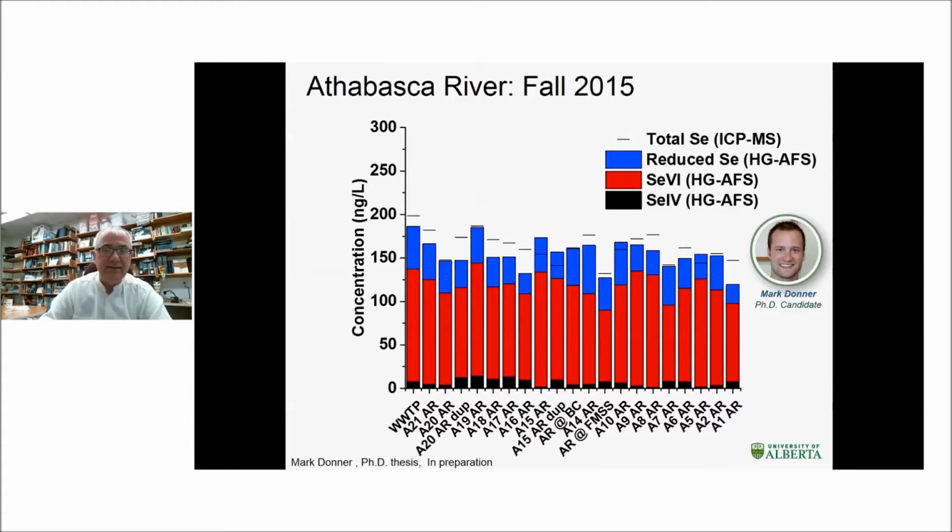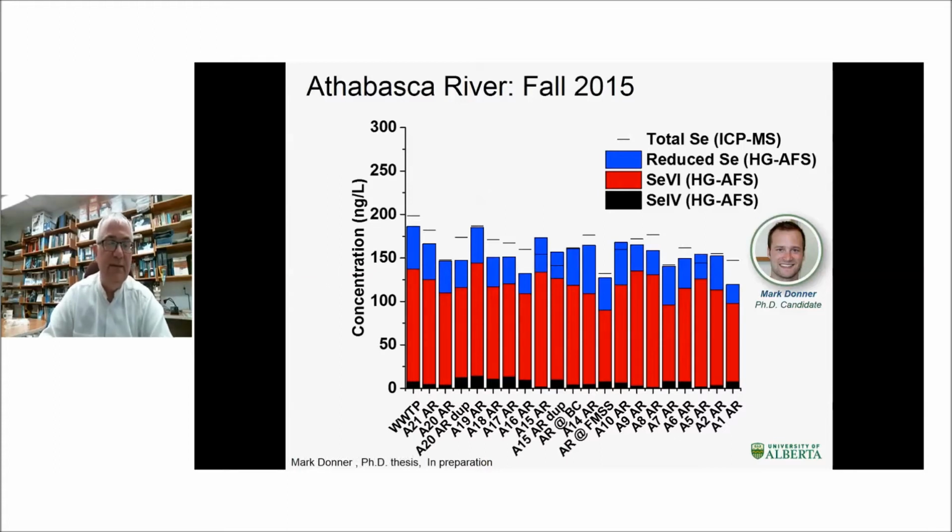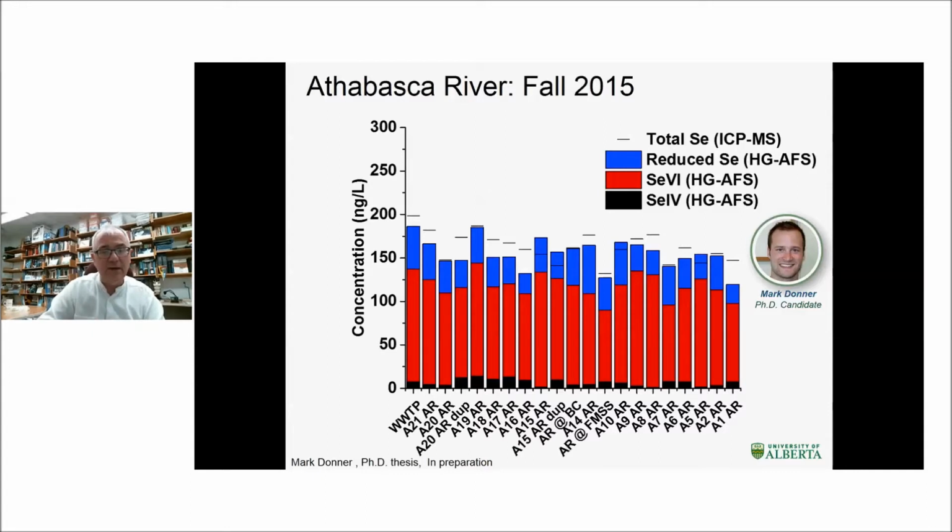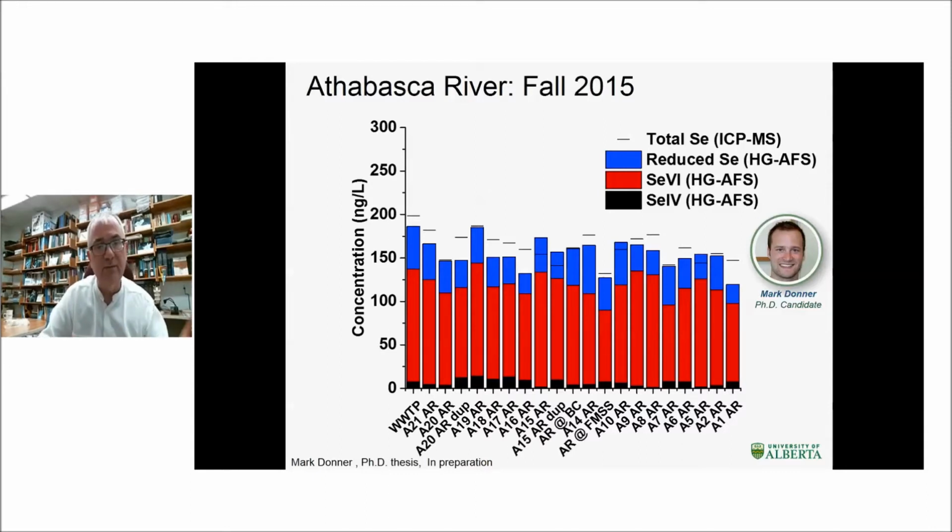He's done selenium speciation, and this is dissolved selenium in the Athabasca River. He's found that the selenium concentrations are low, and selenium is not significantly more abundant downstream of industry compared to upstream. So that's Mark's work on selenium.